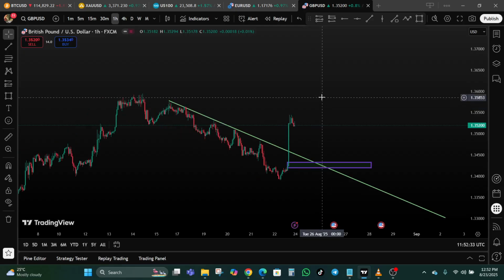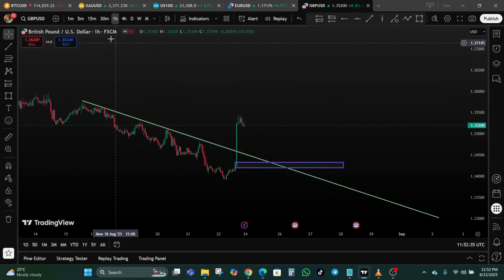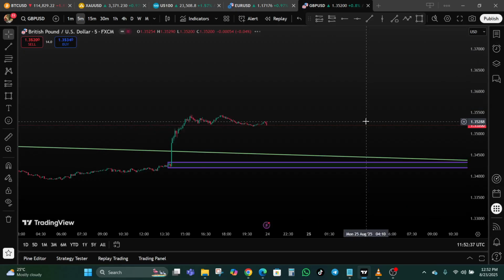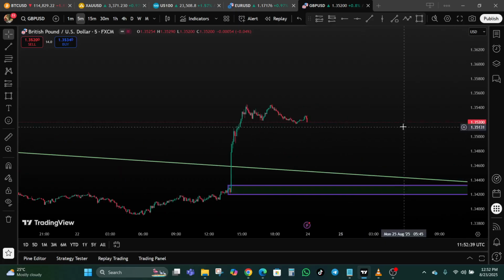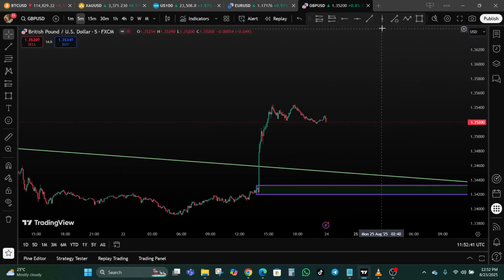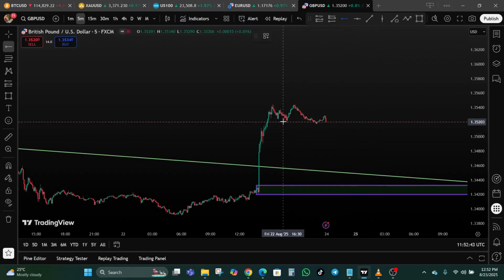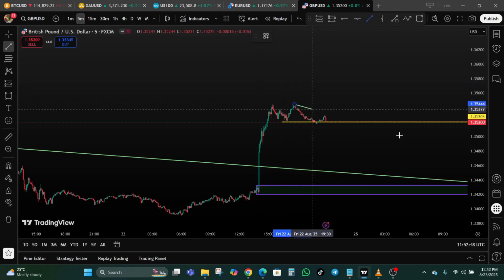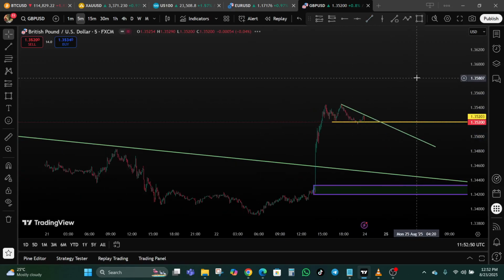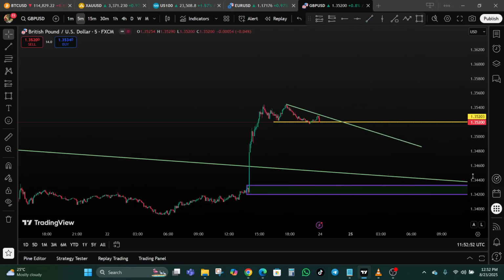Now, using this as an example, you can see on the 5 minute chart, price already seems to be forming a sort of structure, that descending triangle pattern, which is usually bearish.